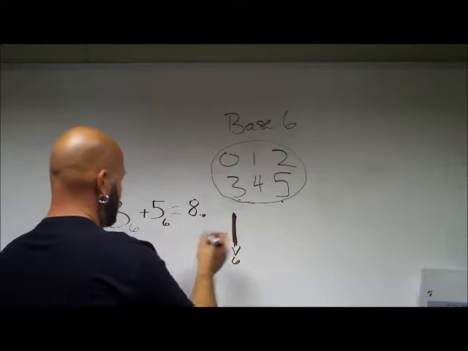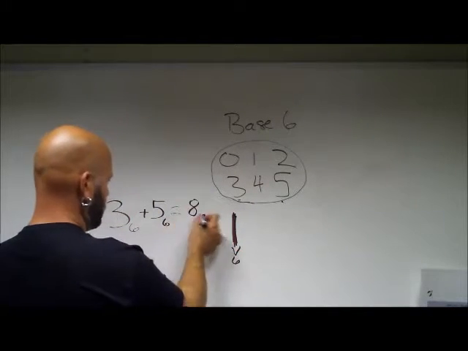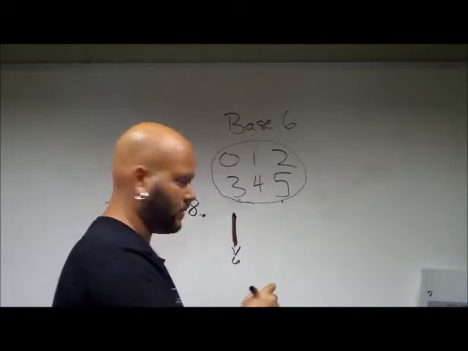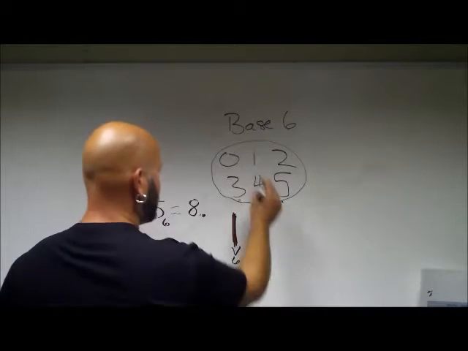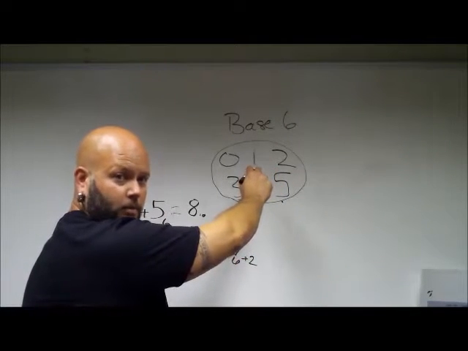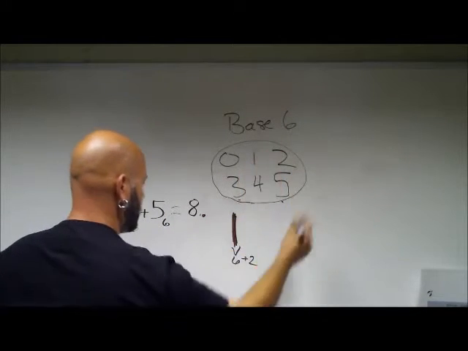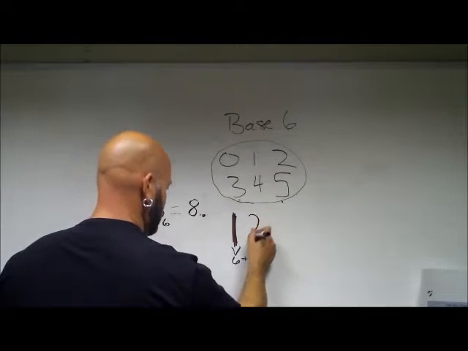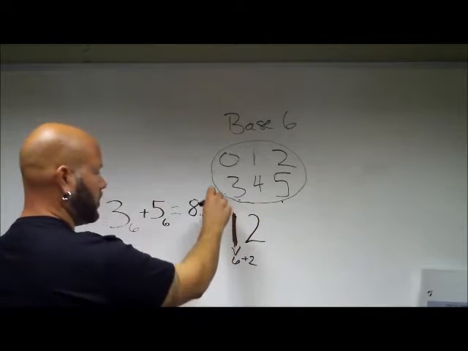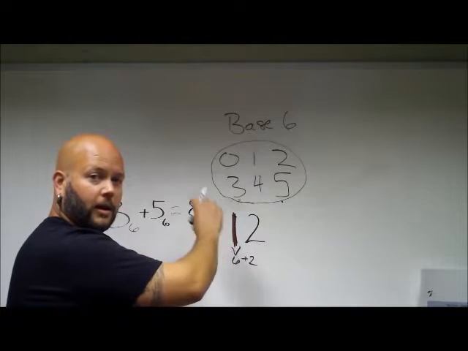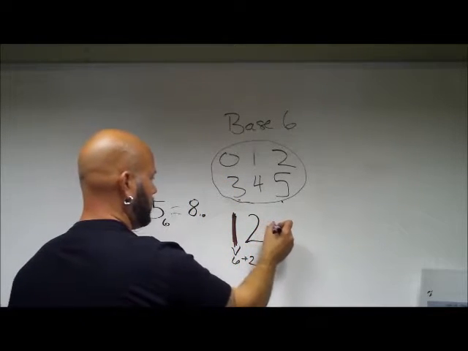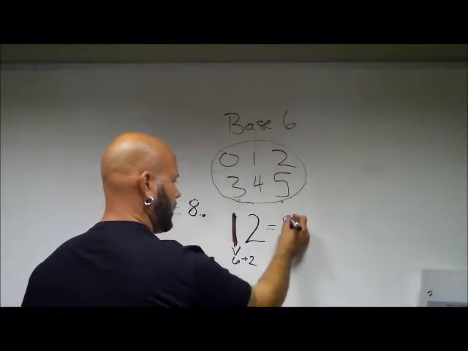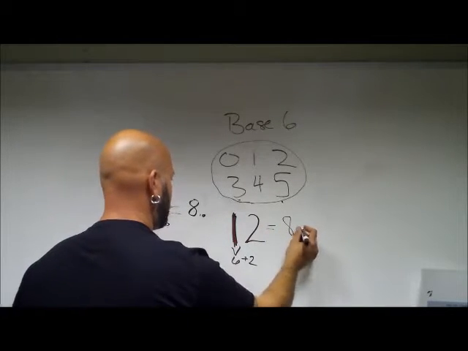Well, 6 plus what equals 8? That would be 2. So plus 2, is 2 a number we can use here? Yes, it is. So then that means we can use it here. So this means one whole block of 6 plus 2 equals 8 in base 10.